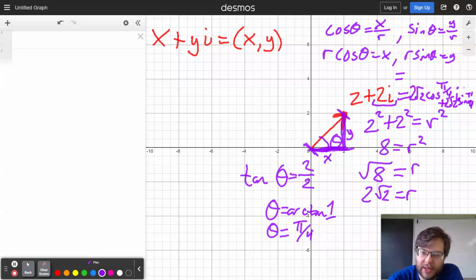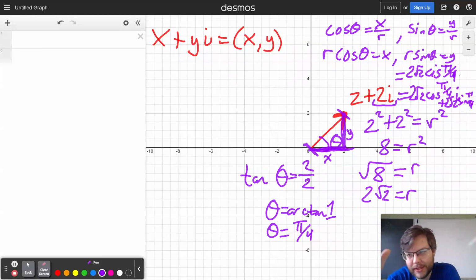So there's a shorthand here because cosine and sine are always going to be related to the same theta. The shorthand is to write it as 2 root 2 using CIS pi over 4. And CIS just stands for cosine plus i sine. And so now it's about the same amount of writing as writing 2 plus 2i. So what we have is a separate representation of our complex numbers.